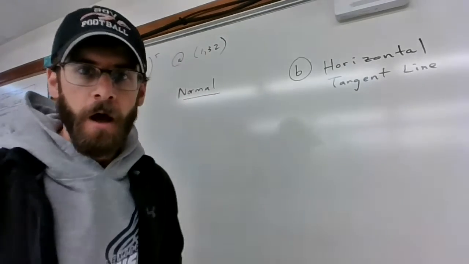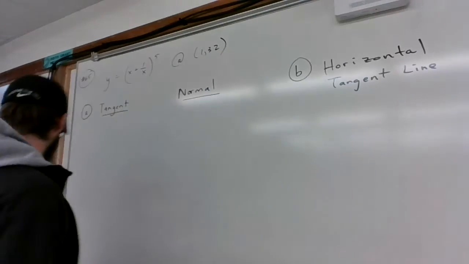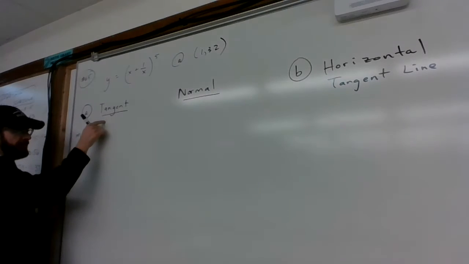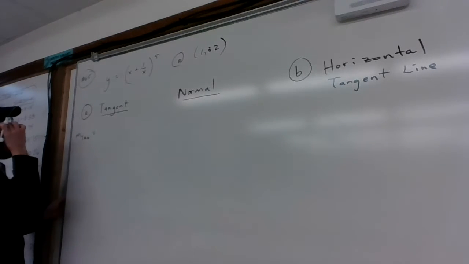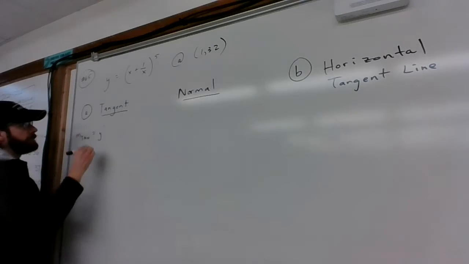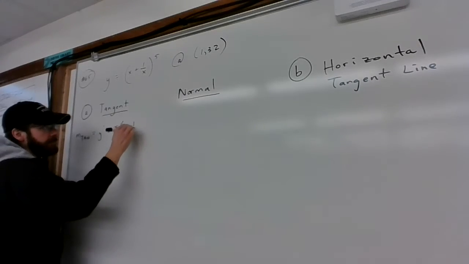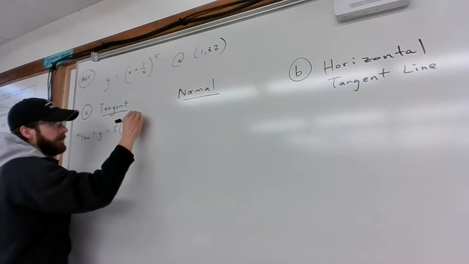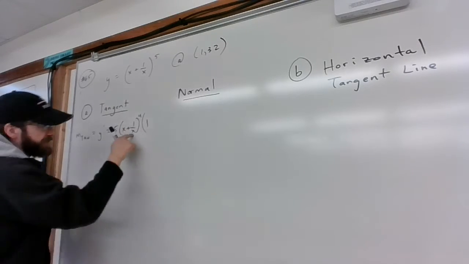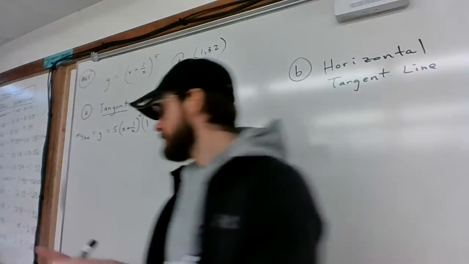So, the slope of the tangent line is the derivative at the point specified. So m tan, the slope of that tangent line, is y prime, which is bring the 5 down, rewrite, take 1 away, multiply by the derivative of the inside, which is 1, plus 1 over x, which is x to the negative 1 power.